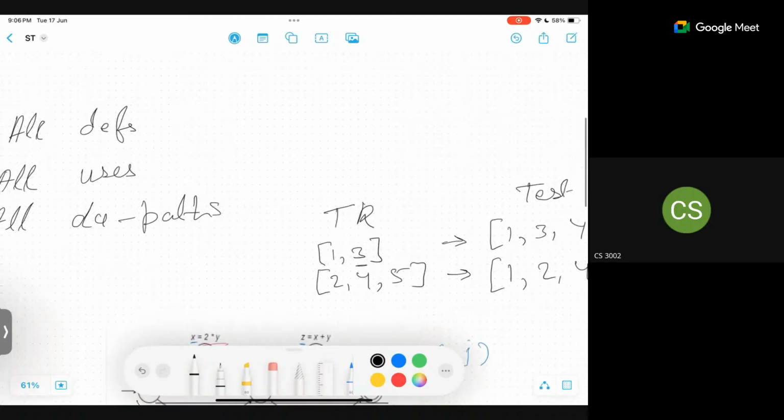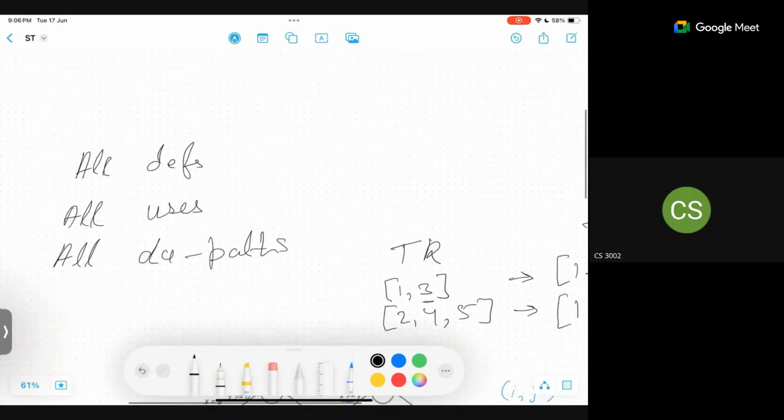So for example, for all uses, for one. How many definitions are there? Two definitions are there. Which are those definitions again? I'll just write that down here. So you have one and two. These are the definitions. Now all uses says I'm going to go through all definitions again. So I'll start with, let's say, one. In the first turn, I start with one, right? And I go through all possible uses with one.